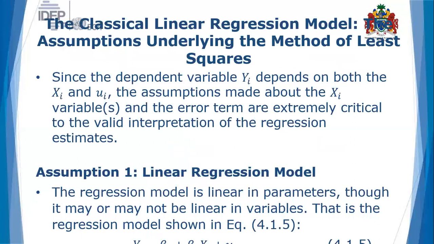Now let's move on to the assumptions that underlie linear regression models, specifically the method of least squares. There are several assumptions underlying the method of least squares. Since the dependent variable y_i depends on both the x_i and the error terms u_i, the assumptions made about the x_i variables and the error terms are extremely important for the valid interpretation of the regression estimates.